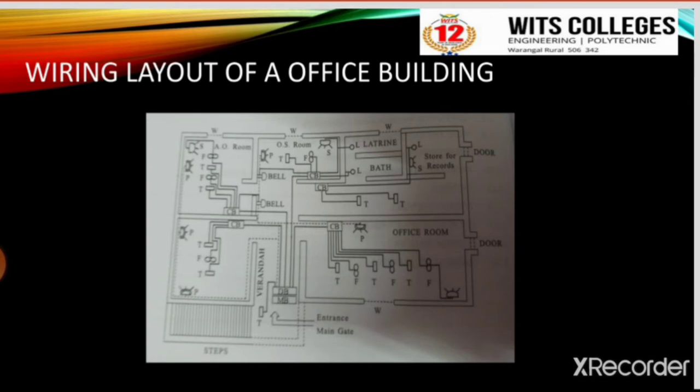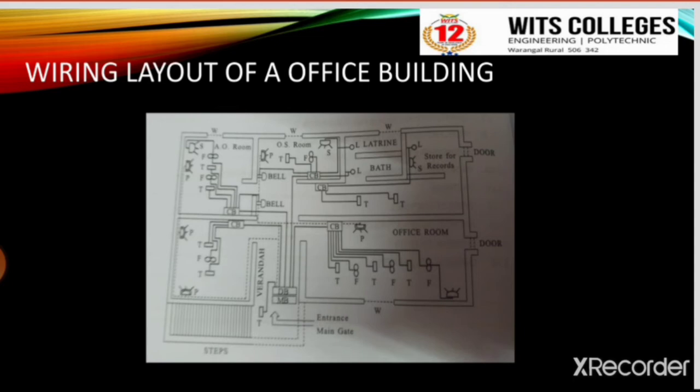From the distribution line we take a cable which is connected to a circuit breaker, and from the circuit breaker we take a number of connections, which are given to the tube lights as well as fans. How they are placed is according to the Indian Electricity Rules.